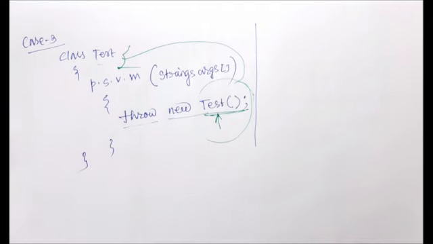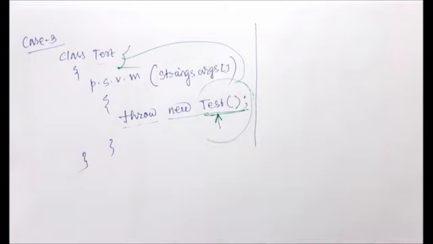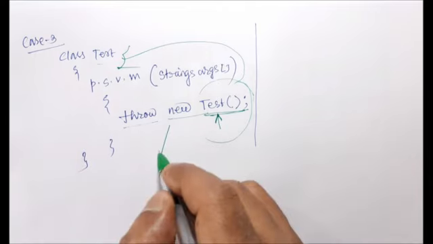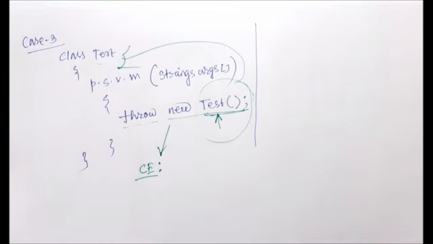Later we will discuss runtime exception so that we can get a clear idea. Right now we cannot throw this, because it is not an exception class, it is a simple Java object. So if I compile this code, I will get a compile time error.